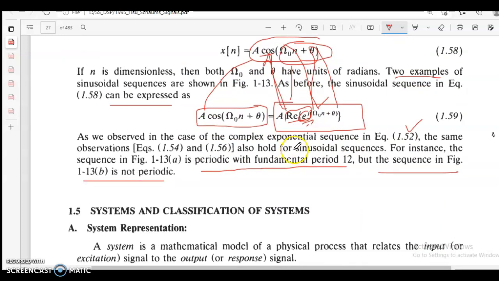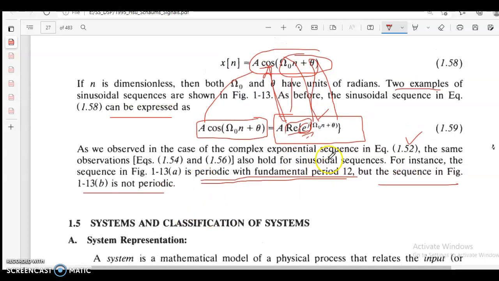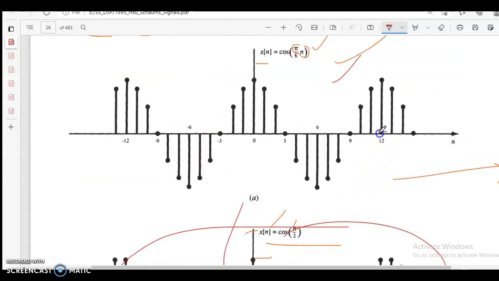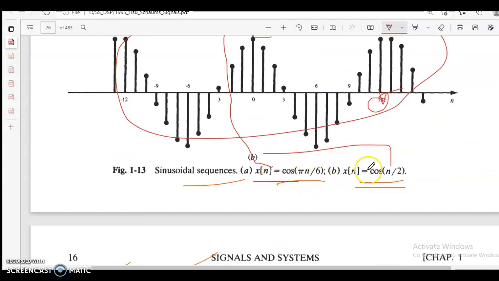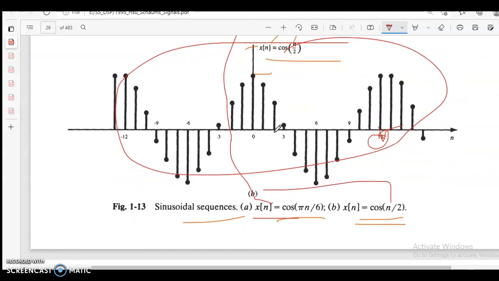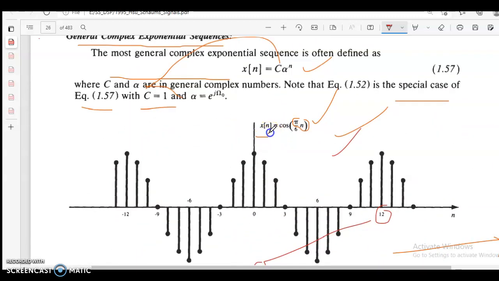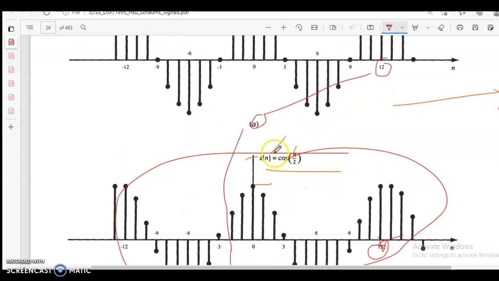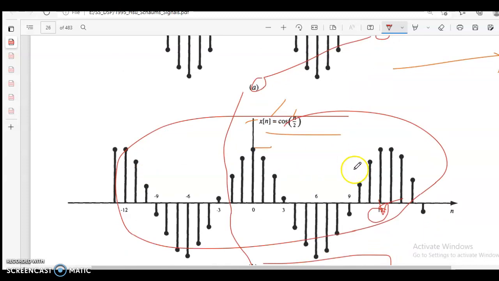Figure A is periodic, but B is not periodic. This is cos of pi divided by 6 times n. Here x of n equal to cos of n by 2, which is not periodic.